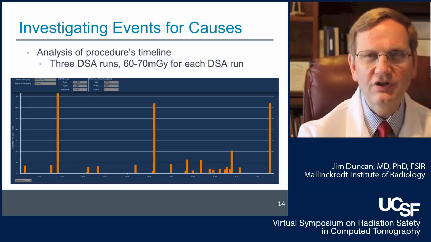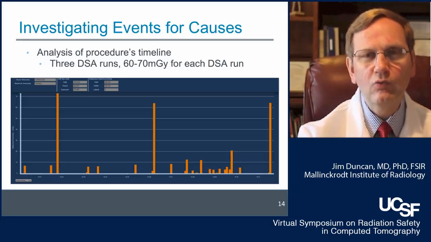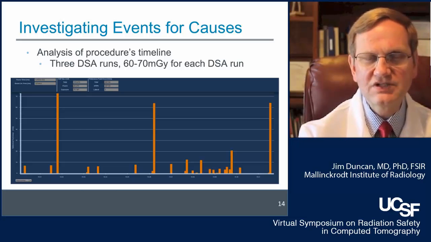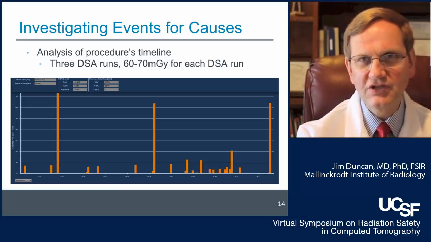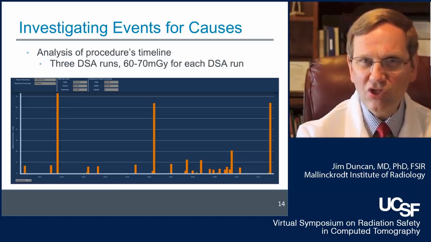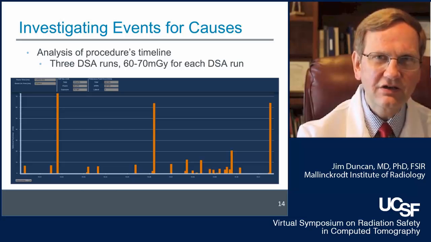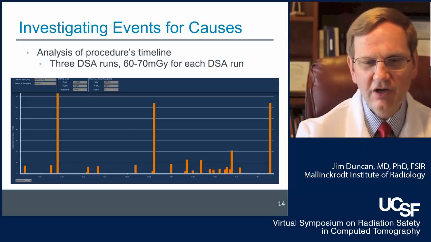The second one, the one at the very end, was a sequence to assess a retrievable filter to see if it was centered within the IVC and then available for retrieval down the road. But the third, whether it's the first or the second, wasn't quite clear why an additional DSA acquisition was performed.